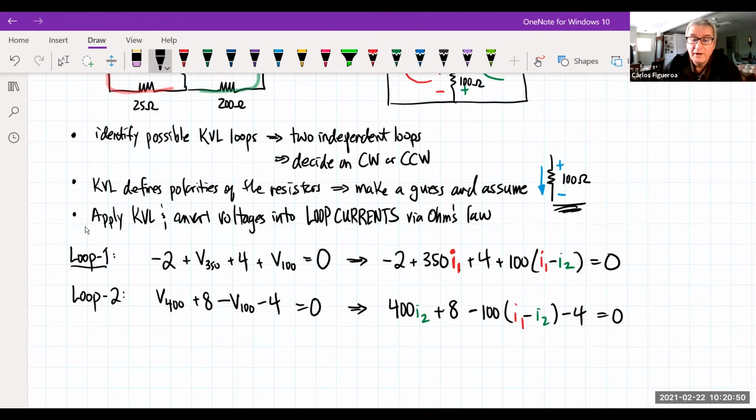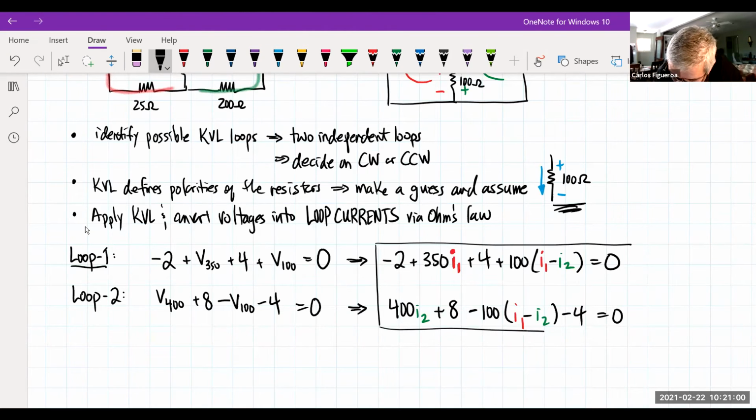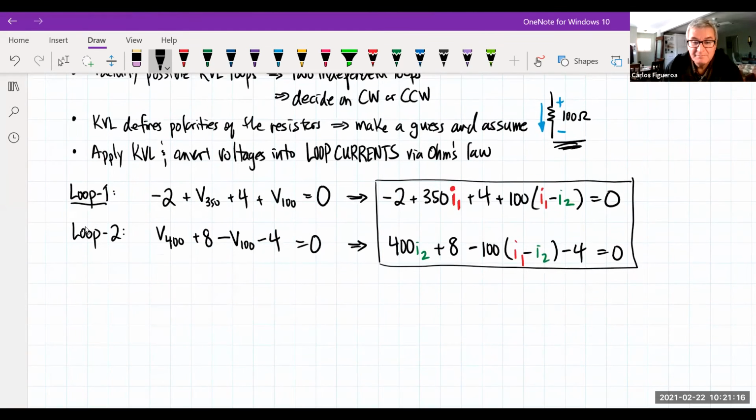So what are you seeing here? What you're seeing here is that this is mesh analysis right here. You apply KVL and then convert them into these equations here. But wait a minute. There's a mathematical trick.